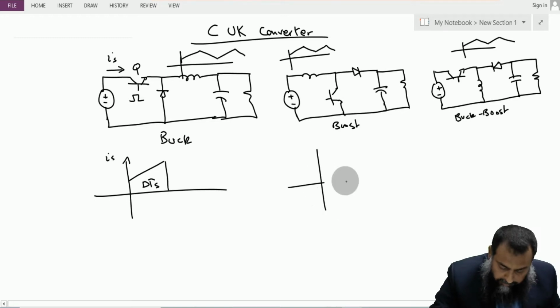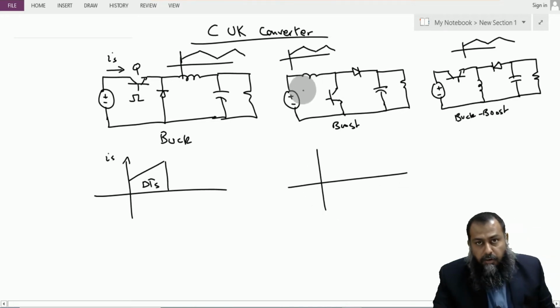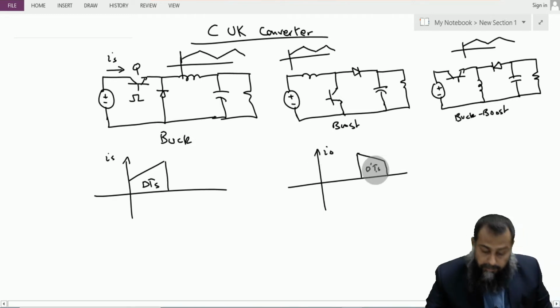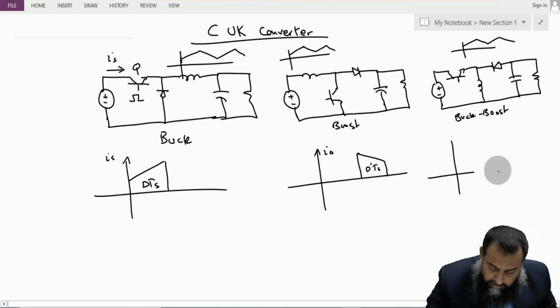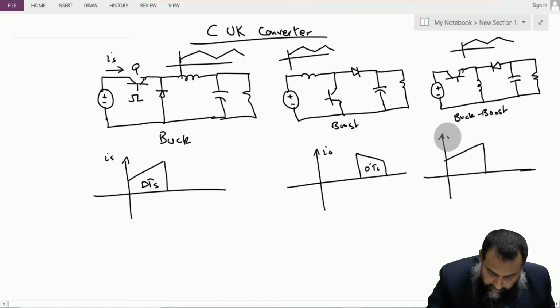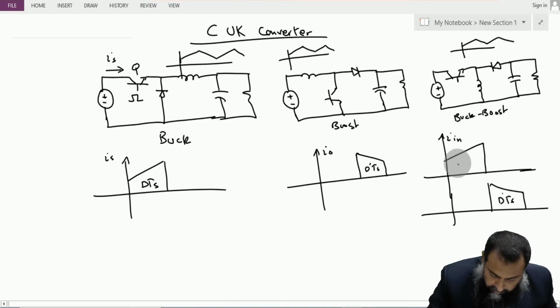For the boost converter, we have the inductor connected on the input side, and therefore the input current is continuous. However, on the output side, we have this type of discontinuous output current. And surprisingly, for this buck boost converter, we have input current, this is I in, and we have this type of output current, which is the I naught.